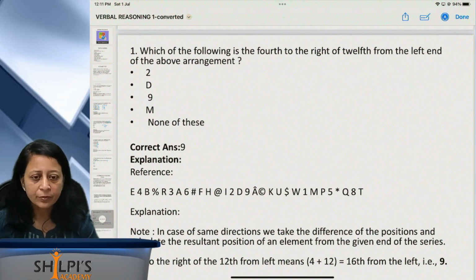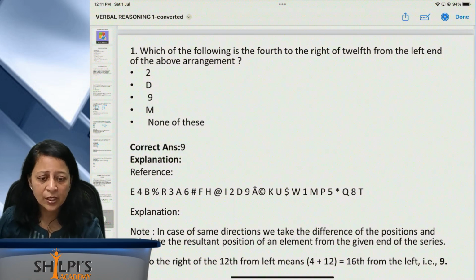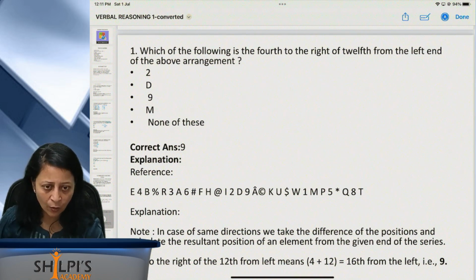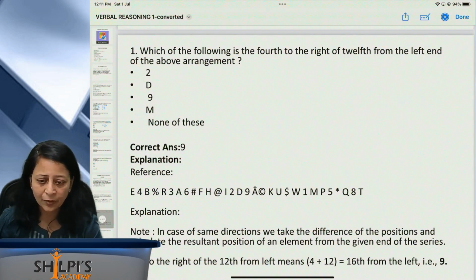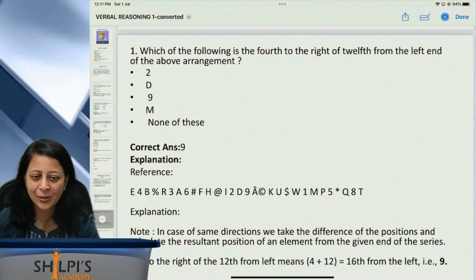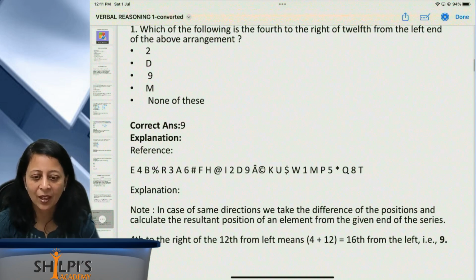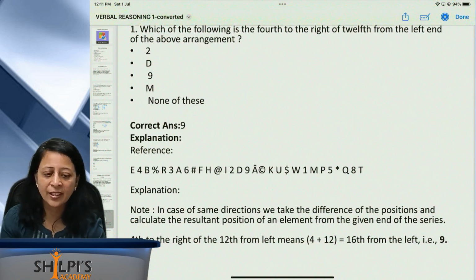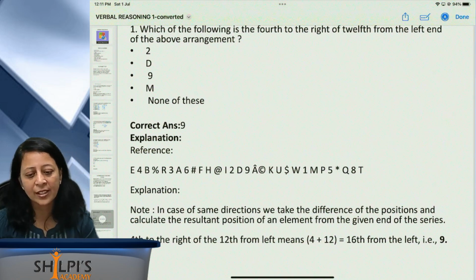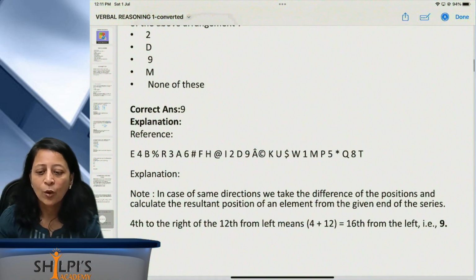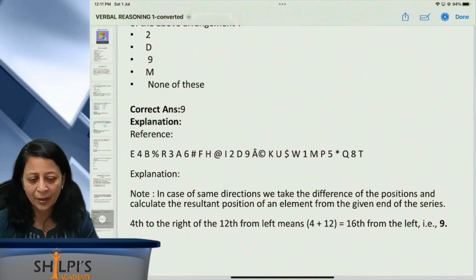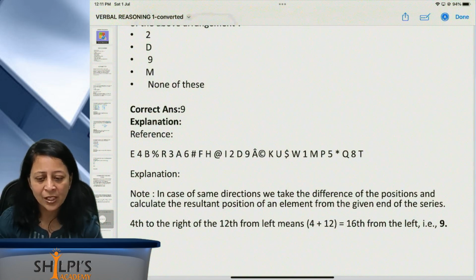Which of the following is the fourth to the right of the 12th from the left end of the above arrangement? How are we going to see? A little bit confusing, right? In case of same directions, we take the difference of the positions and calculate the resultant position of an element from the given end of the series. Fourth to the right of the 12th from the left means 4 plus 12.